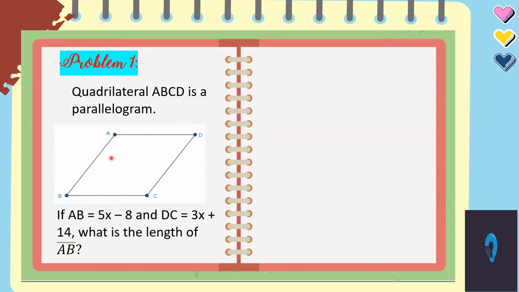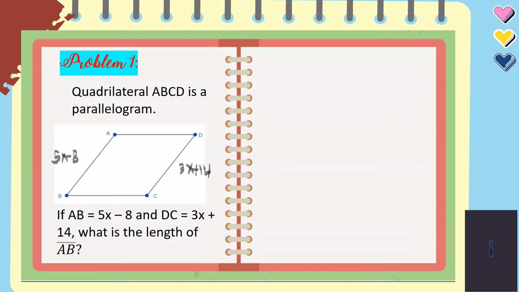Given is quadrilateral ABCD, a parallelogram. If AB is 5x minus 8 and DC is 3x plus 14, what is the length of segment AB? So let's write the given. AB is 5x minus 8 units and DC is 3x plus 14.